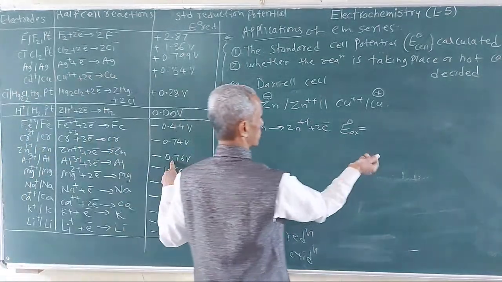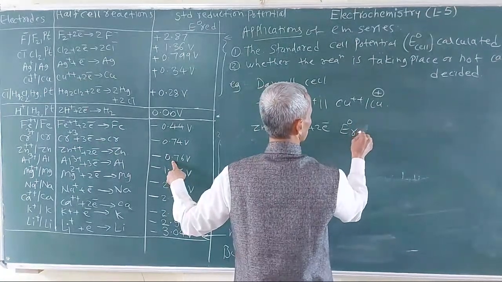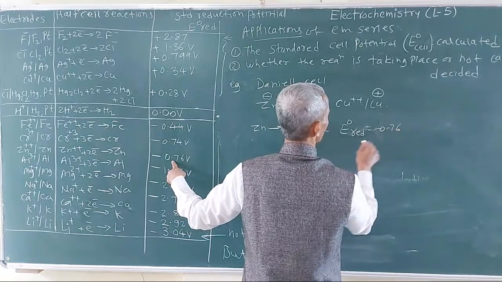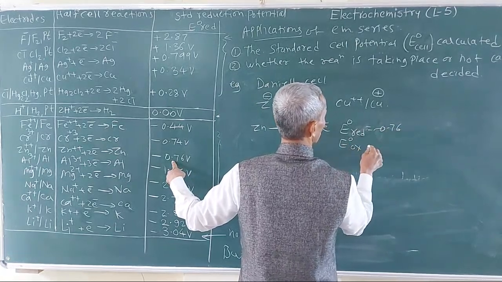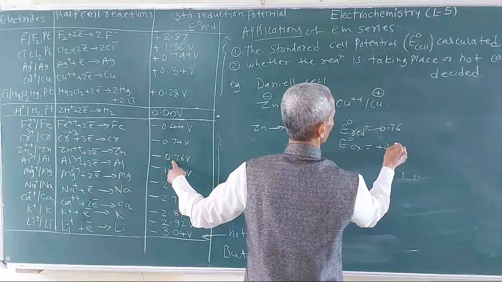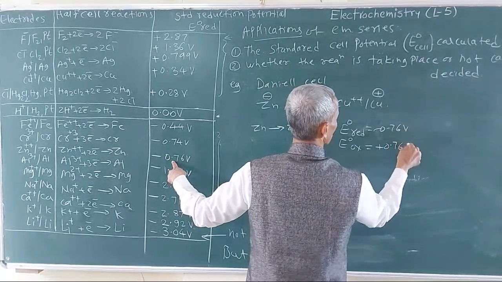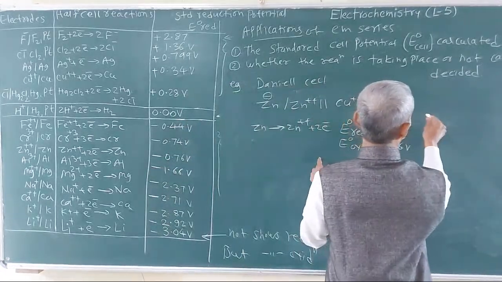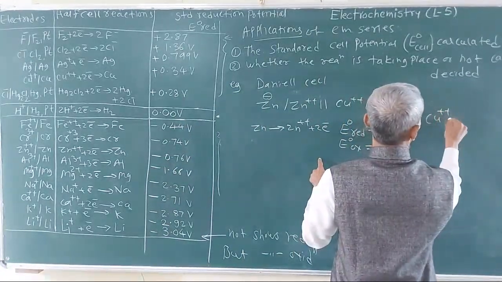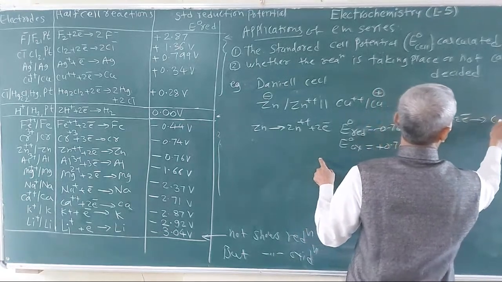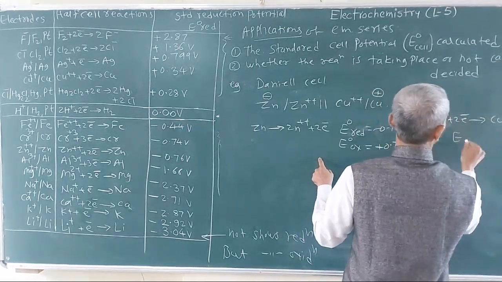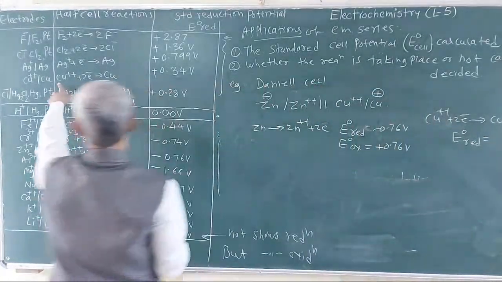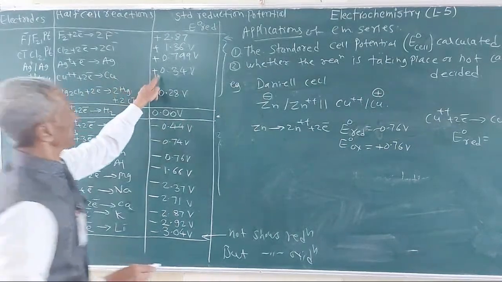Therefore the oxidation potential is the reverse, so E0 oxidation is equal to plus 0.76 volts. Also, this copper electrode has reduction taking place, and here the E0 reduction, if you consider the copper electrode, this is the reduction process and has plus 0.34 volts.